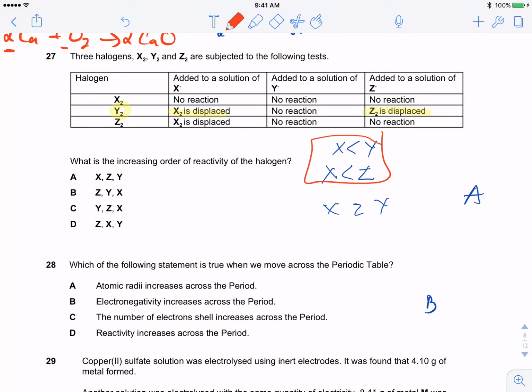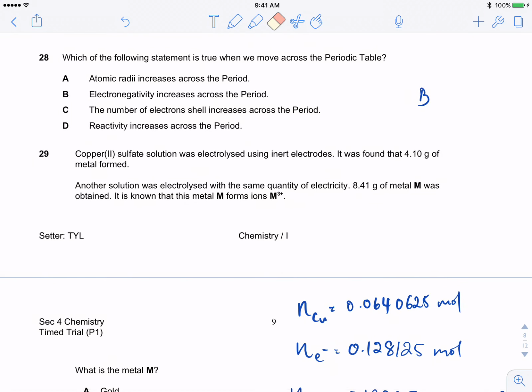This tells me that Y is more reactive than X and is also more reactive than Z. Now if you look at the next one, Z can displace X, which tells me that Z is more reactive than X. Hence, answer will be A. A bit messy, let me just erase it.